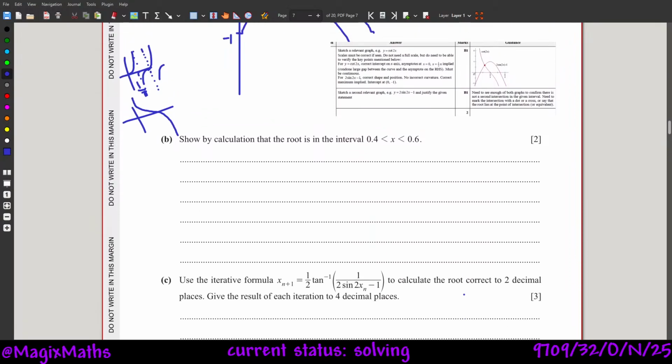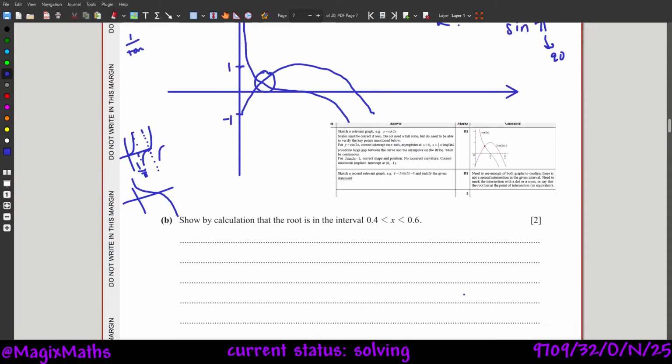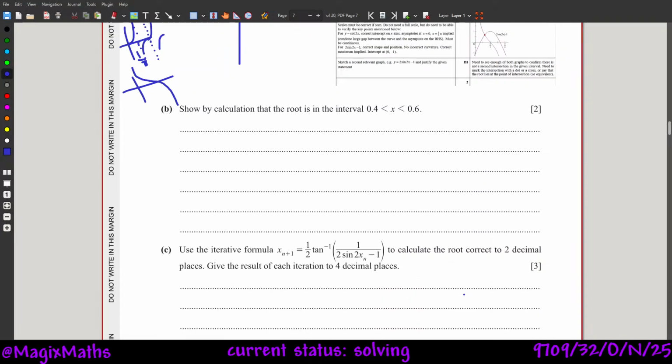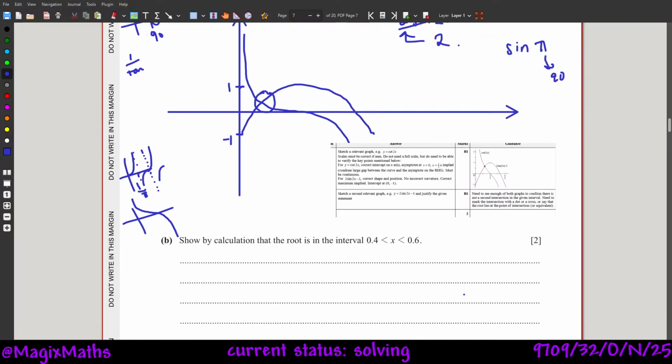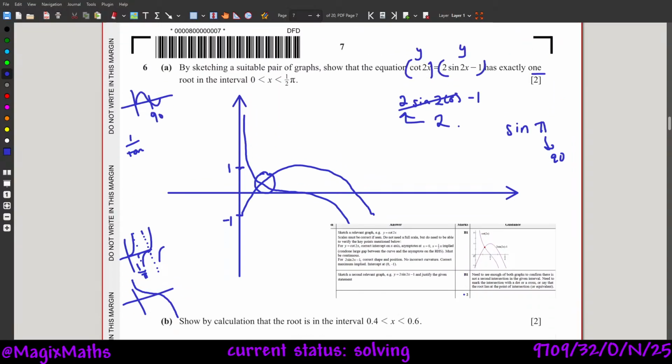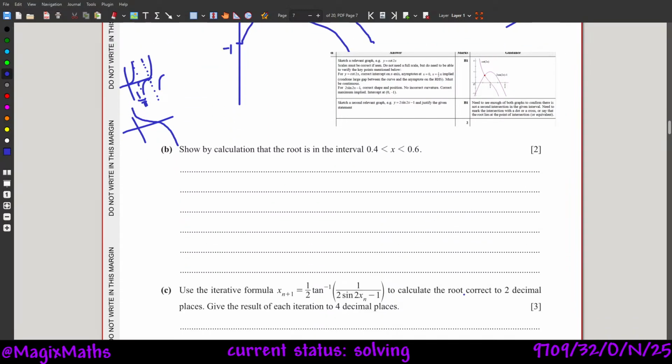Let's move on. Now show by calculation that the root is in the interval 0.4 to 0.6. Show by calculation. So I'm going to guess, or is this a simultaneous equation? So cot 2x.